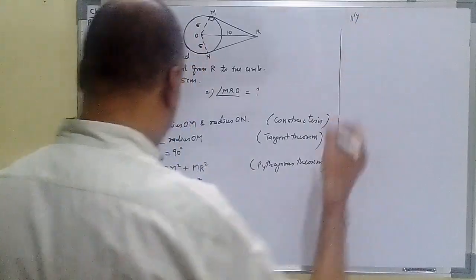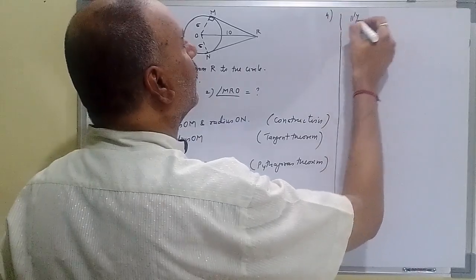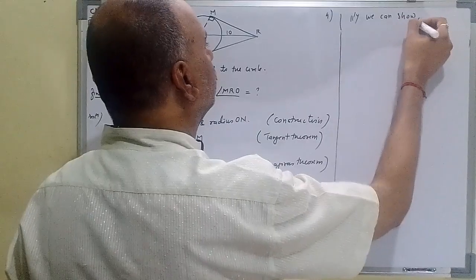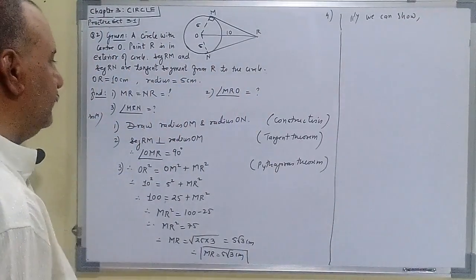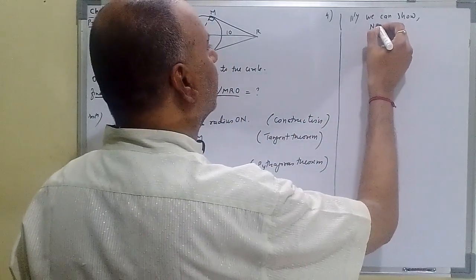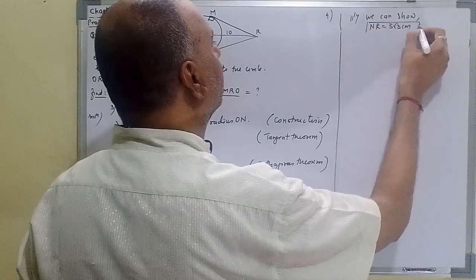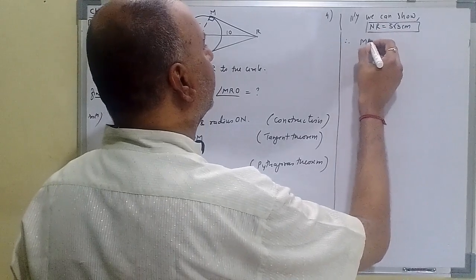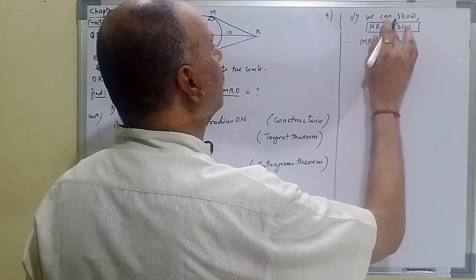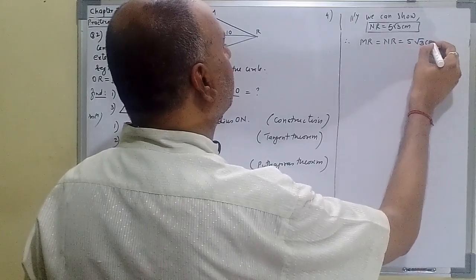Similarly, we can show NR equal to 5 root 3. Therefore, MR equal to NR equal to 5 root 3.